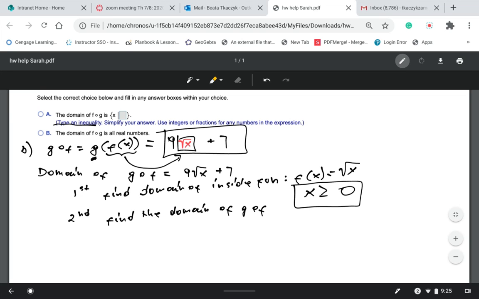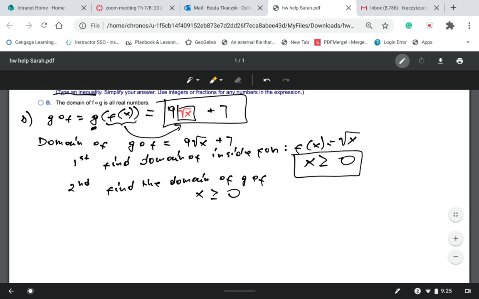We know that the expression under the square root has to be 0 or greater than 0. So you will still have to give that condition that x is greater or equal 0. And third, you just combine, or you're looking for the intersection, combine the two domains.